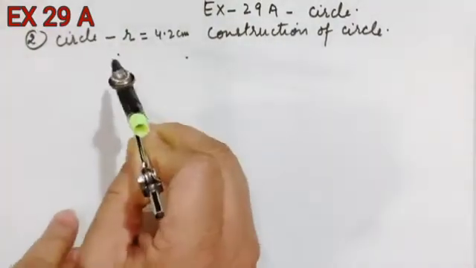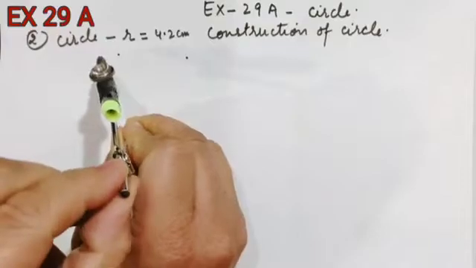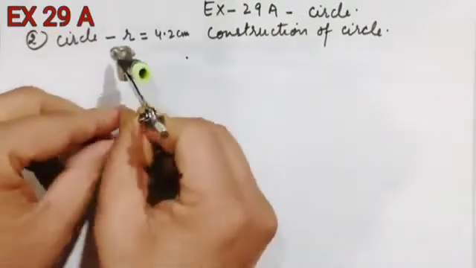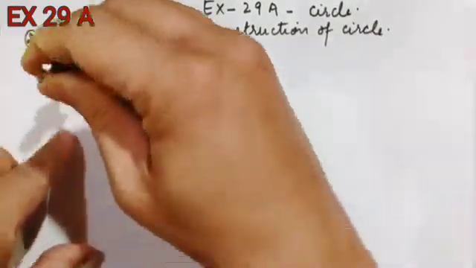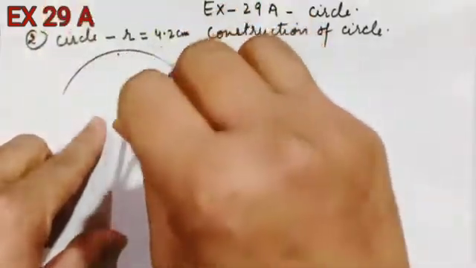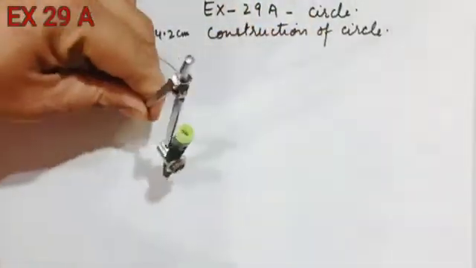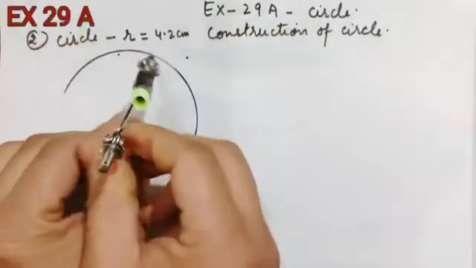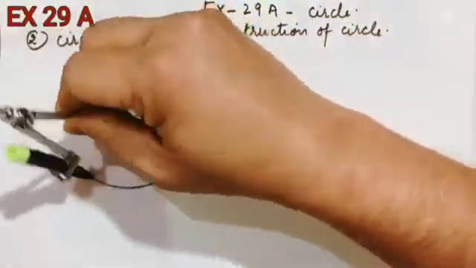Isn't it? So see, have a look. Let me press it a little and then I am going to draw a circle. See how beautifully you can construct a circle with radius 4.2 centimeter.